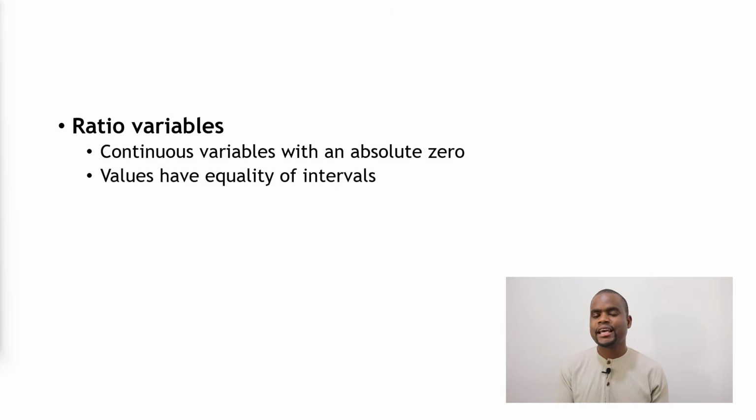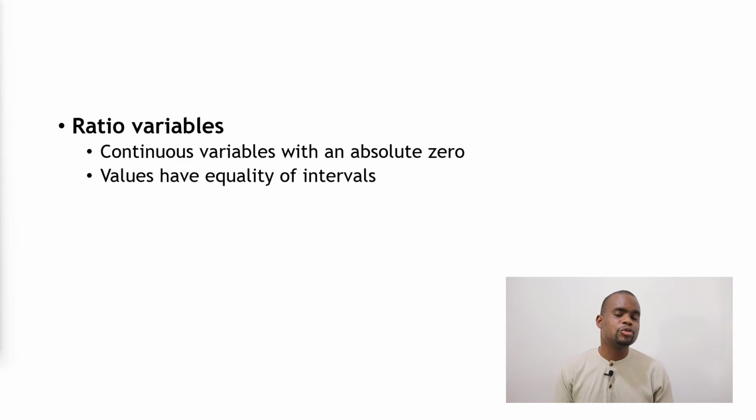But is that the same satisfaction difference as, maybe, the difference between 8 and 10? It might not be the same because the value there is very subjective. You don't have an objective way of measuring it. So an ordinal variable doesn't have equality of intervals.